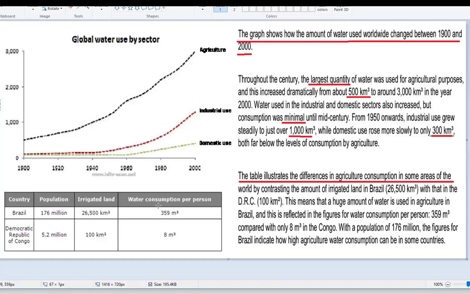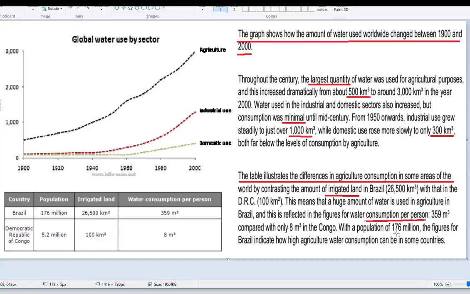Population, irrigated land, water consumption. Now, irrigated land is mentioned. Water consumption per person is mentioned. I don't see anything about population. That's a problem. Population of 176 million. It's given here at the end.